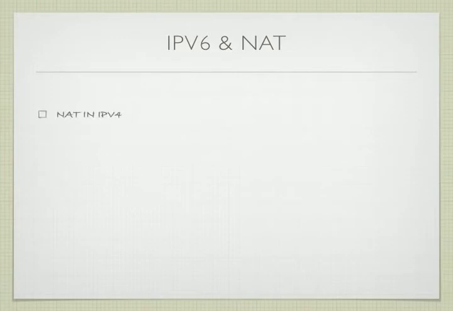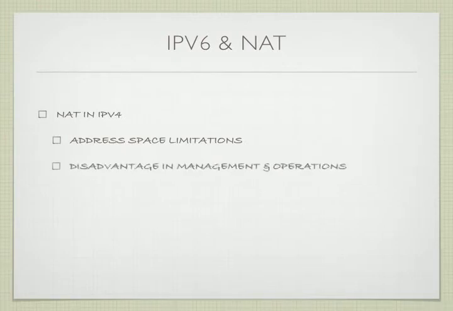IPv6 and NAT. NAT in IPv4 was really all about the address space limitations. When we started to hit address space limitations, NAT was developed in order to overcome the fact that we were slowly getting more computer devices than we had addresses.